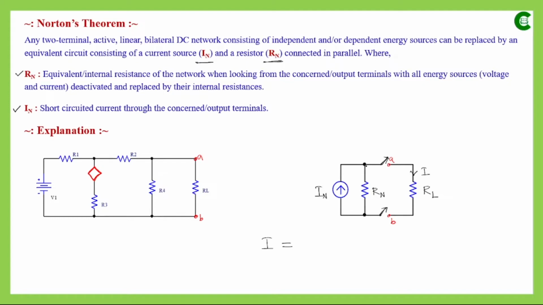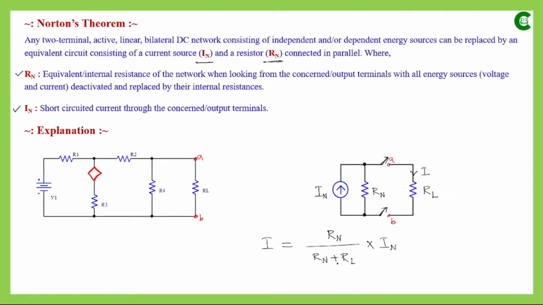IN will be divided into two parts at this point, so to find the current through the load resistor RL we apply the current division rule. It is the opposite resistance Rn divided by the sum of both resistances, Rn plus RL, times the current of the current source, which is IN.